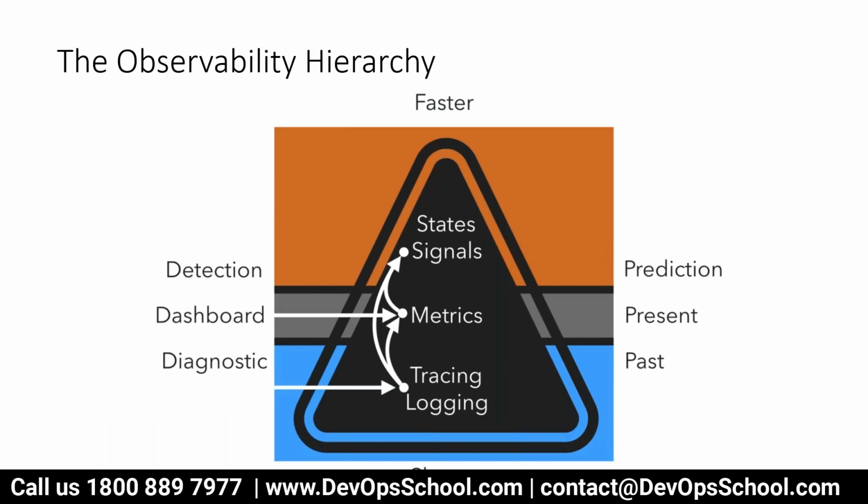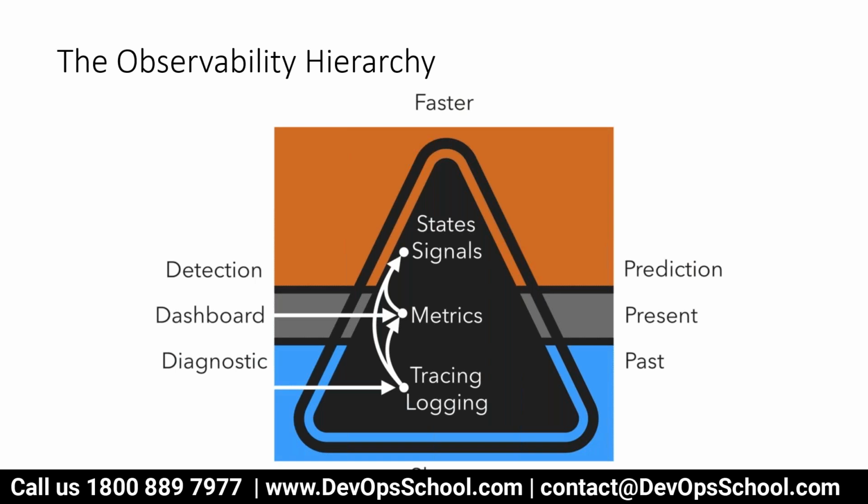In order to set up observability, you have to process everything: the data, metrics, events, and logs of the past, present, and predictions, future. Look at this here, from the slower to faster. Tracing and logging are data about what has happened in the past, so that has to be diagnosed.